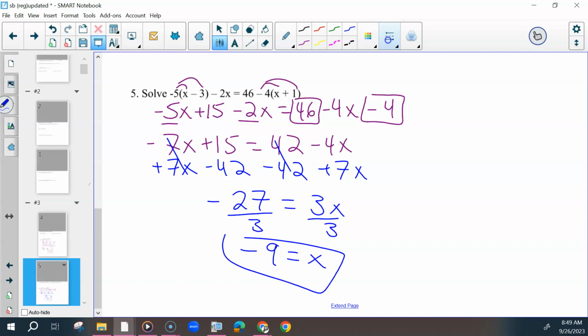We should have gotten x equals negative 9, or negative 9 equals x. Doesn't matter the way you write that. Do we have any questions about that?